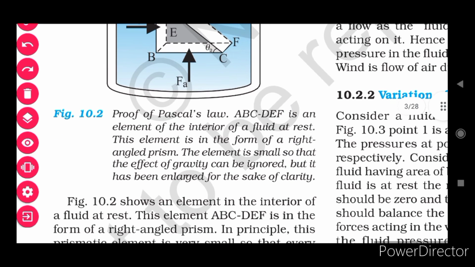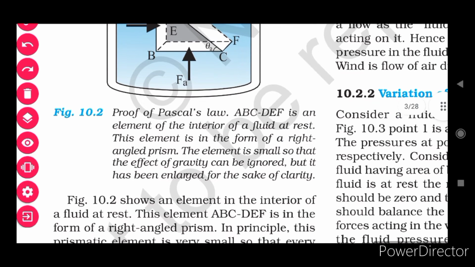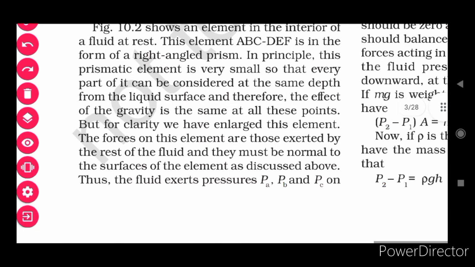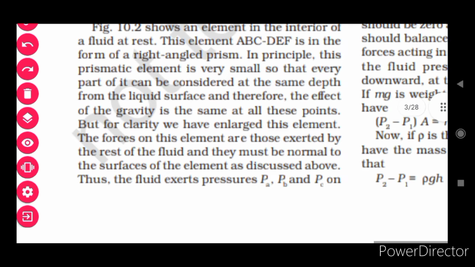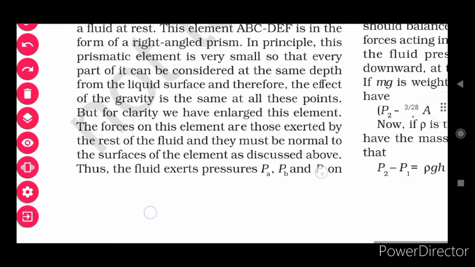The effect of gravity on all points of this fluid element is the same. In the figure it is shown bigger just to make it clearer, so for clarity we have enlarged this element.